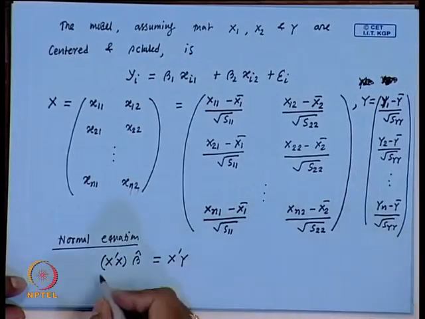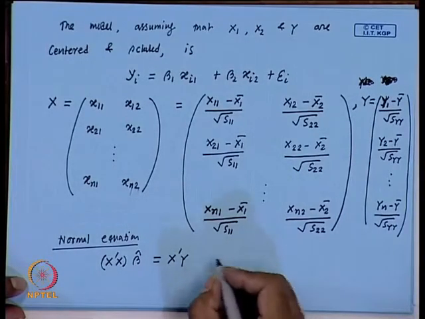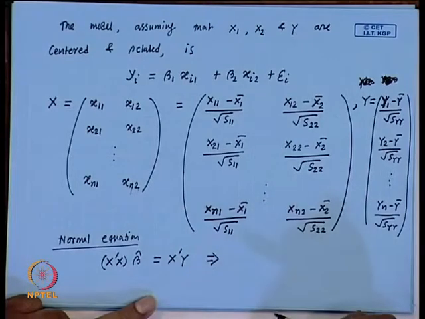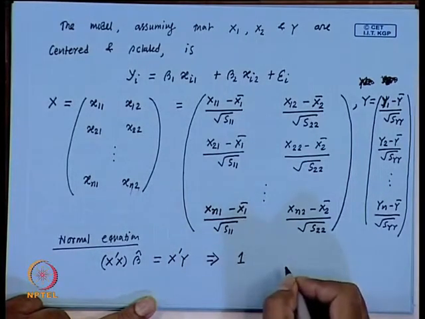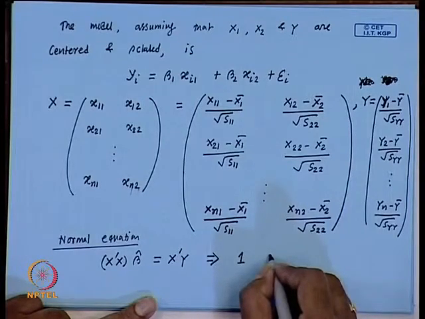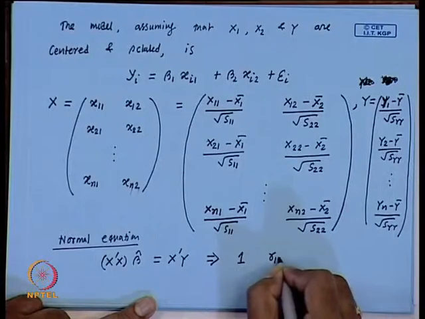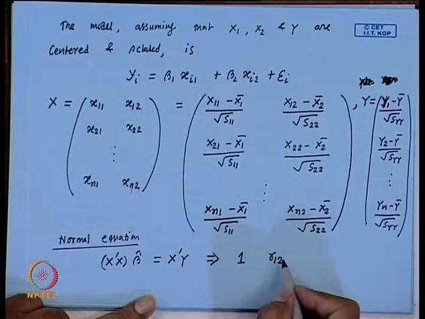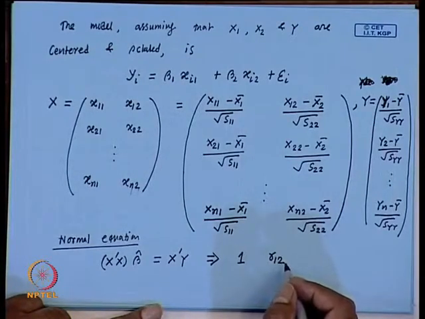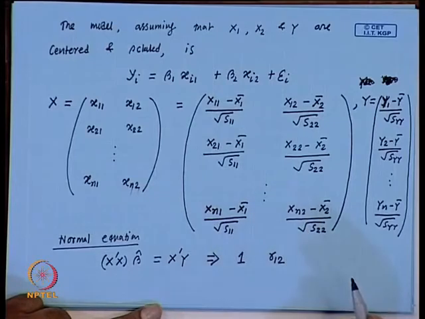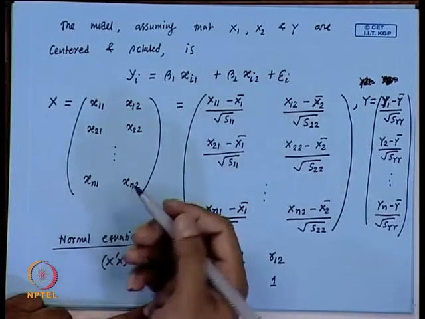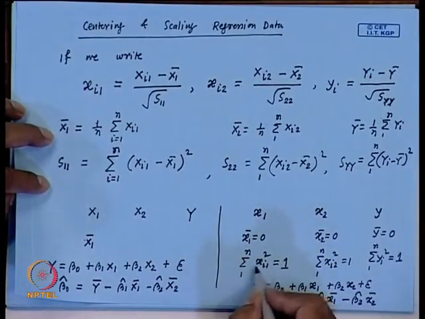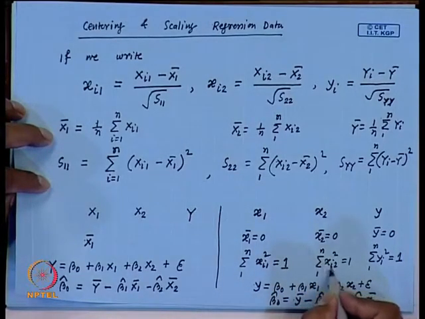Now, what is X prime X? You can check that X prime X is 1, r_12, r_12, 1. This r_12 is nothing but the sample correlation between x1 and x2, and the 1s are there because the sum of x_i1 squared is equal to 1 and the sum of x_i2 squared is equal to 1.